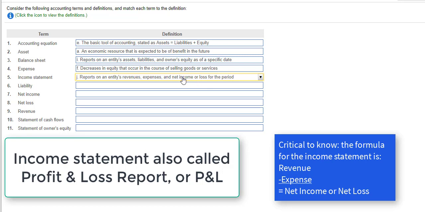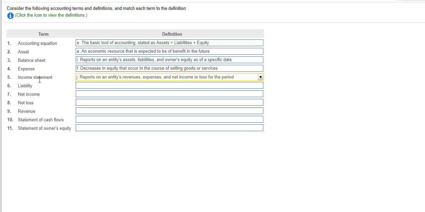And then it shows either net income or net loss. Net income is also known as a profit, and net loss is also known as just a loss. So remember that the income statement shows a profit or loss, and it is also known as a P&L or profit and loss.